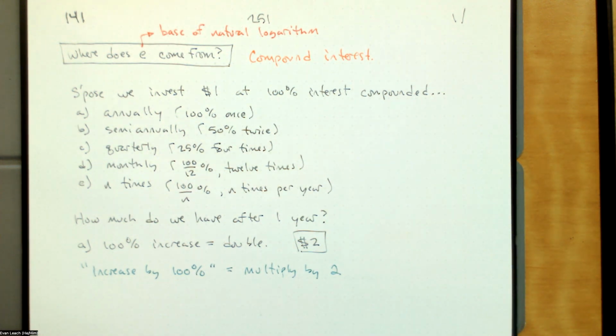We know that we read increase by 100% as multiply by 2. We want to think about where that comes from.